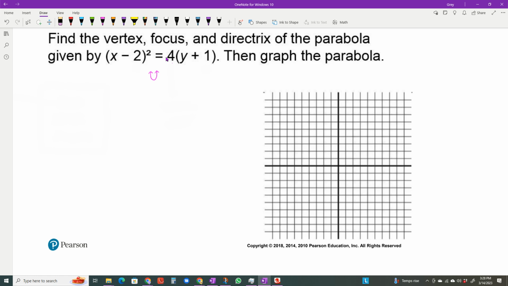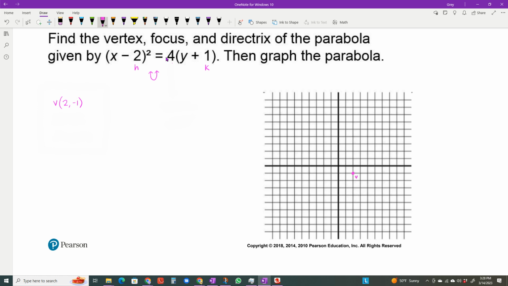Okay? So then my vertex is at (h, k). H is always with x and k is always with y. So that means that my vertex is going to be (2, -1). So I'm going to go plot (2, -1). There's my vertex. I know it's going up, so I'm going to go ahead and put that V down there.